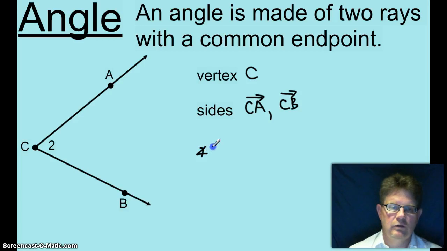So you can name it by its vertex, angle C. You could name it using three letters: one point on the side, A, then the vertex, and then a point on the other side, B. Angle ACB. Going in reverse order, you could say angle BCA.